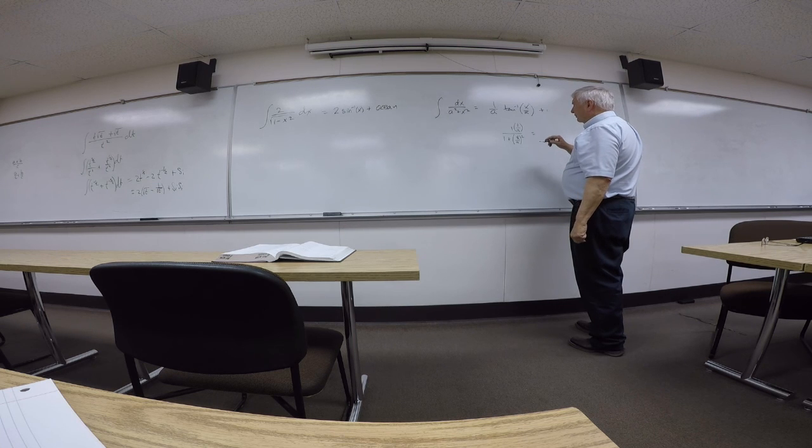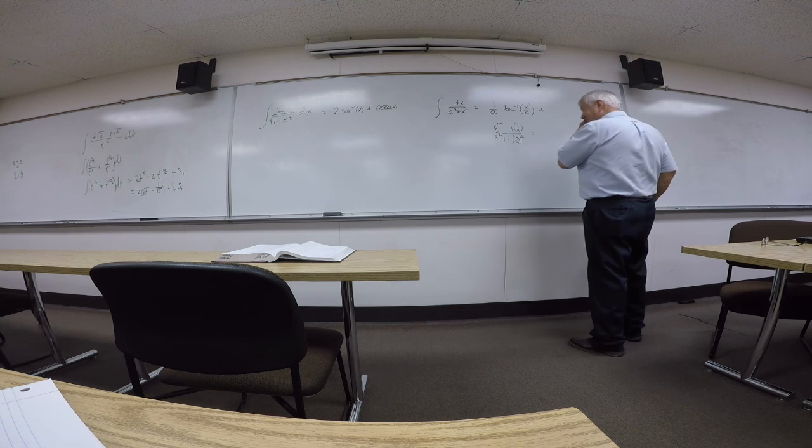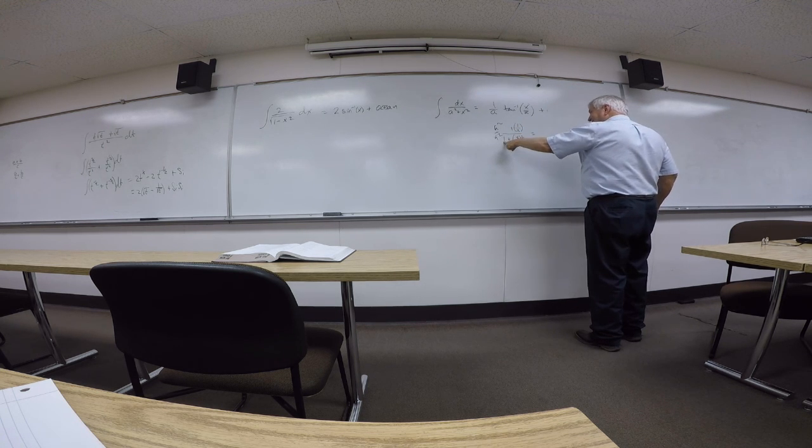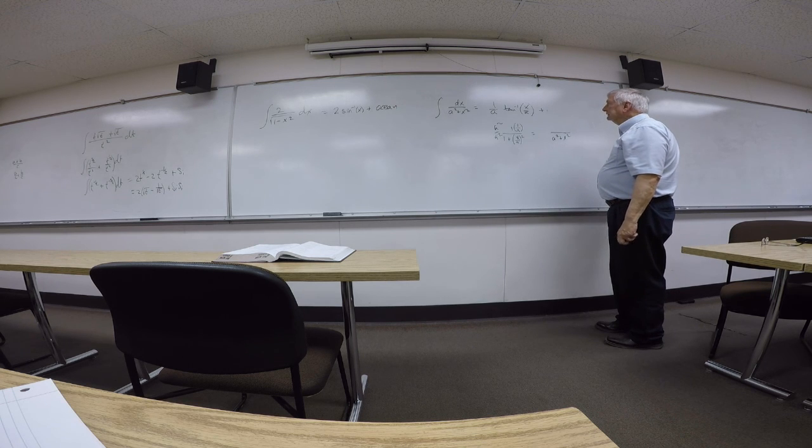So if I multiply through by a squared over a squared, in the denominator I get a squared plus x squared. In the numerator I get, looks like I get a. What went wrong?